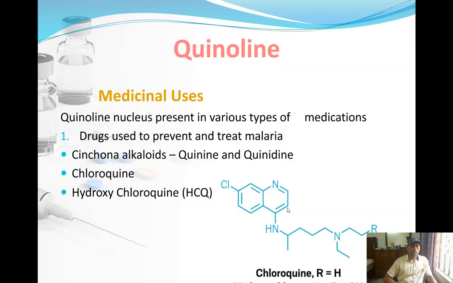Alright, next are the medicinal uses of quinoline. The quinoline nucleus is present in various types of medications. The first one is drugs used to prevent and treat malaria.